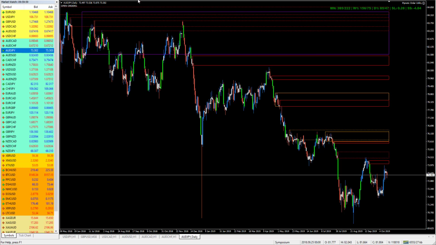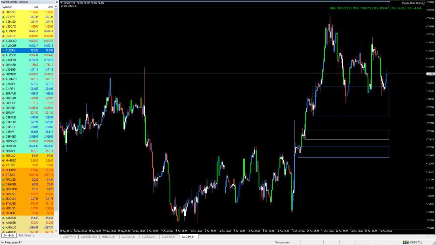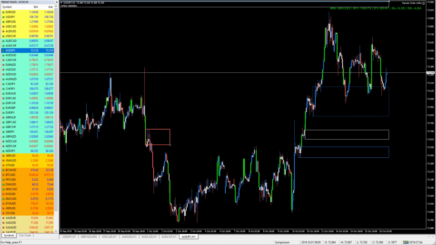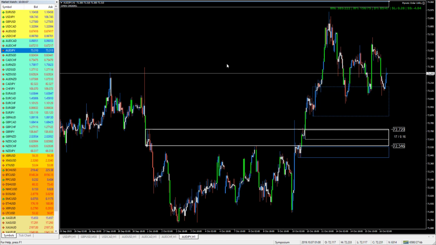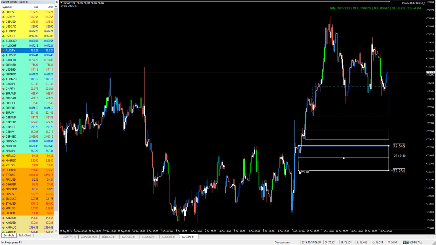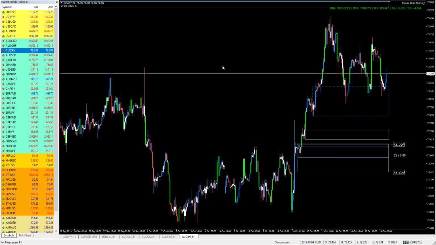Aussie yen. Yeah, well, this is tested and gone. Where's the origin move that did it? Right here. So we'll leave that in there. We'll do that one. This is just a continuation pattern.